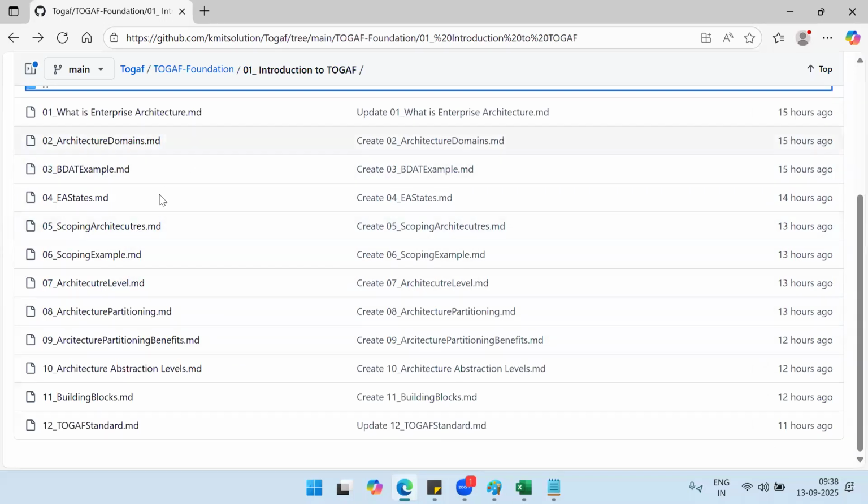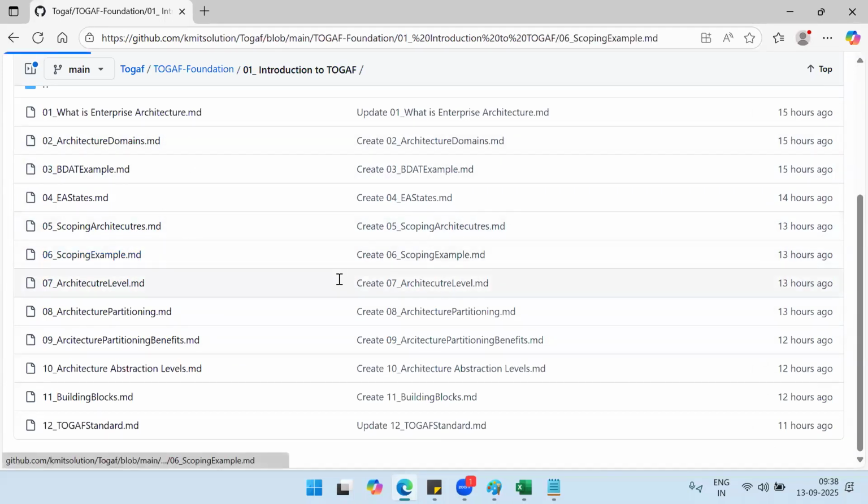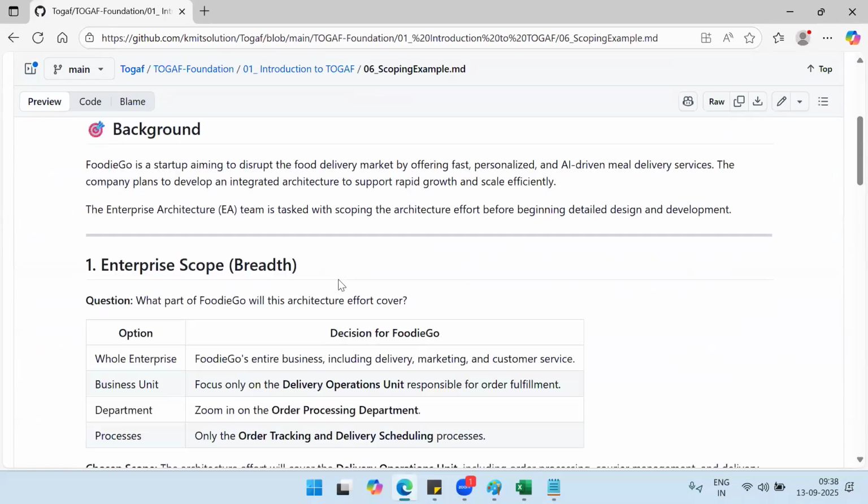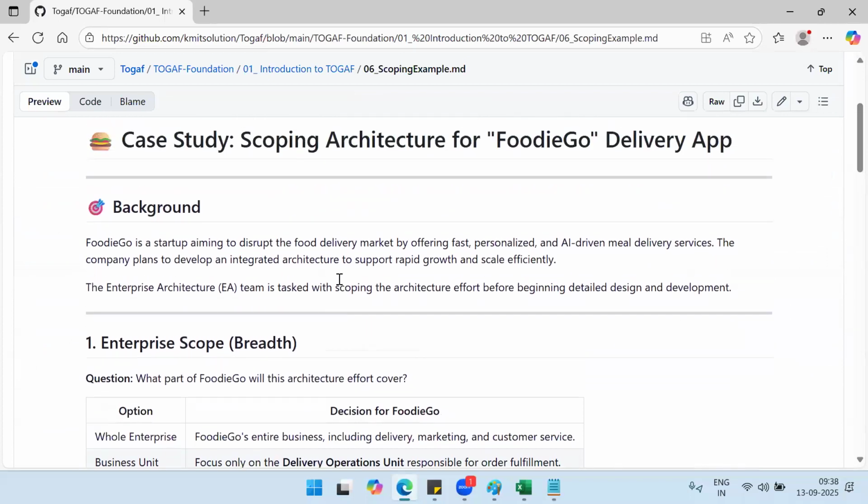So I have one example also. This is the case study, the same Foodigo application. Foodigo is a startup aiming to disrupt the food delivery market by offering fast, personalized, and AI-driven meal delivery services.